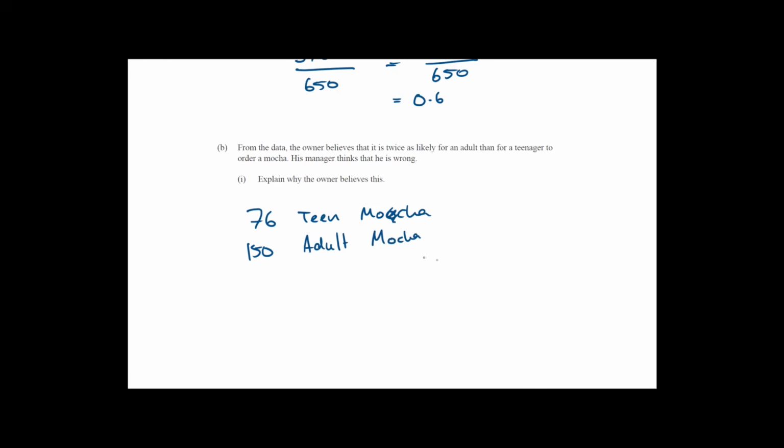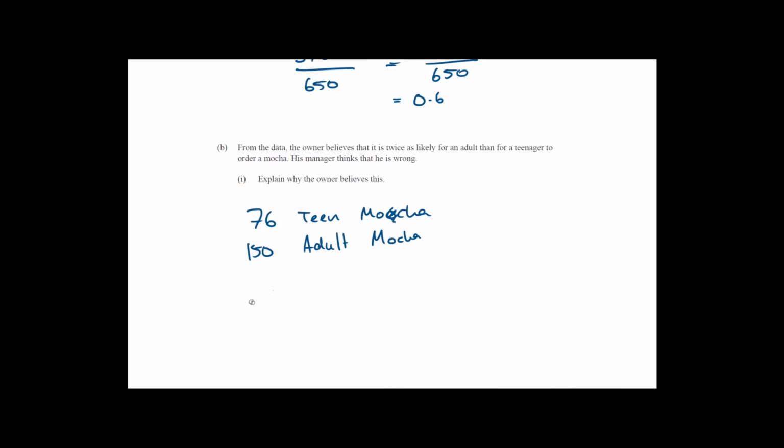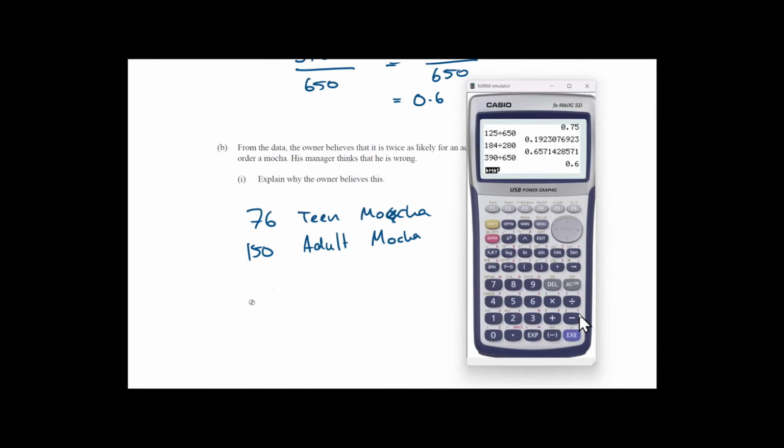So of all the mocha drinkers, about 2/3 of them are adults. There are 76 plus 150, so 226 mocha drinkers. 150 divided by 226, so 2/3 of those are adults.